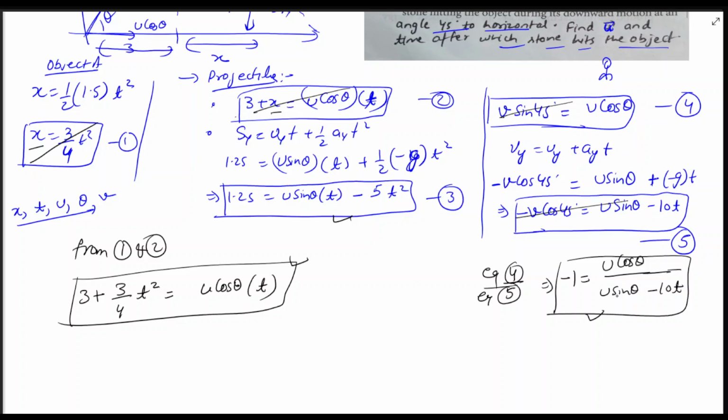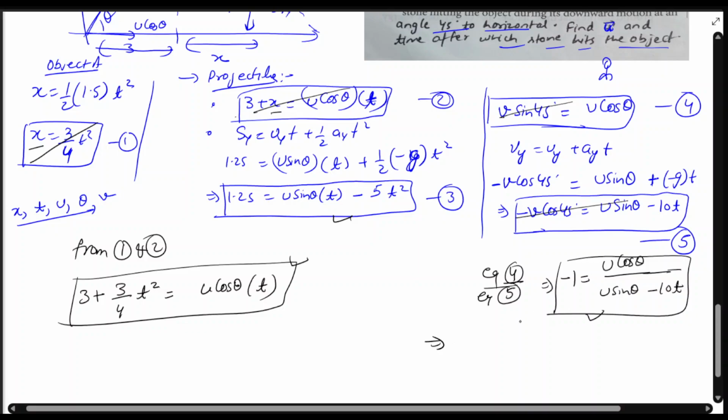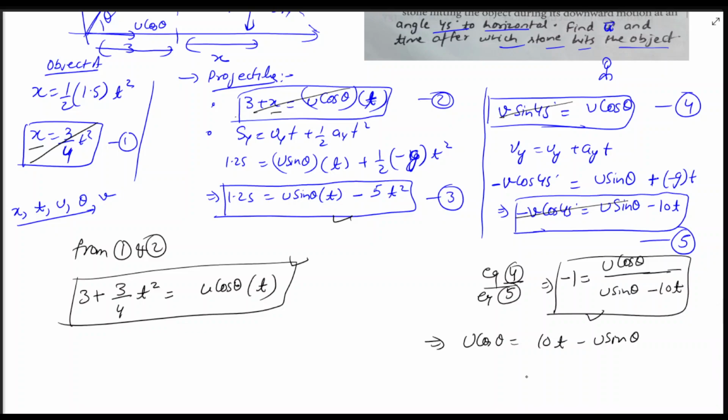Perfect. Okay. What can we write here? Let's rearrange this a bit. From here, u cos theta will be equal to 10t minus u sine theta, right? Let's arrange this also. We will have u sine theta into t equals, 5t square will come here, so 5t square plus 1.25. Yes. So let's multiply it by t.